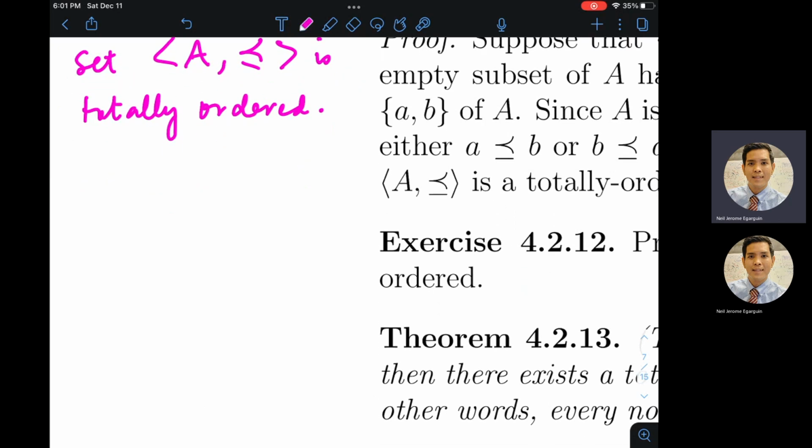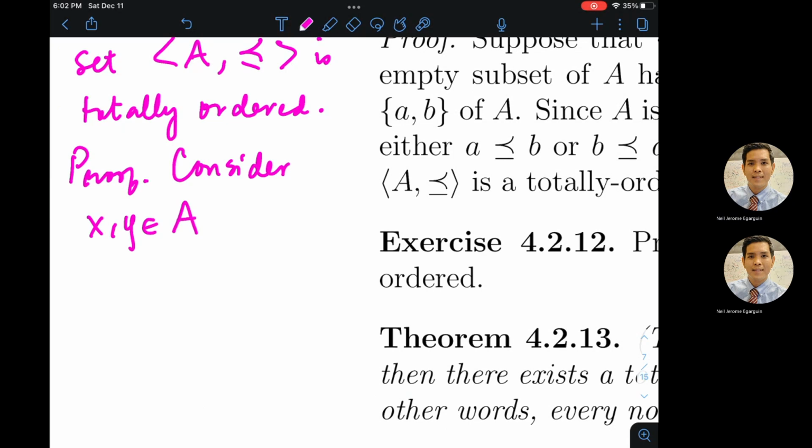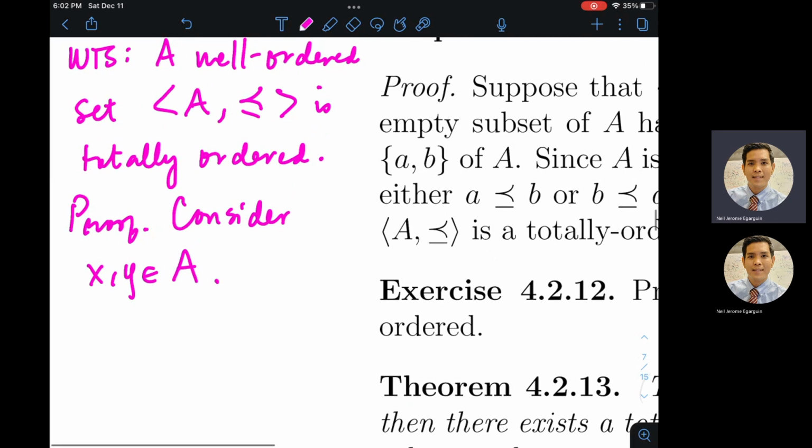So what I'm going to do is in the proof, I will consider two elements of capital A, say X and Y. All right. And I want to show that X and Y are comparable, meaning either X precedes Y or Y precedes X. Right. But I will use the assumption that this partial order is well ordered. All right.